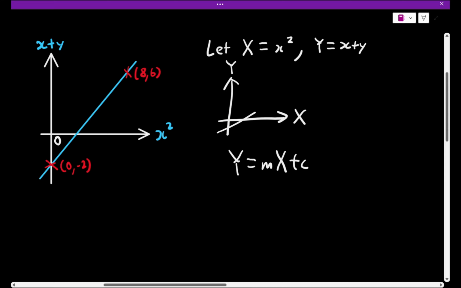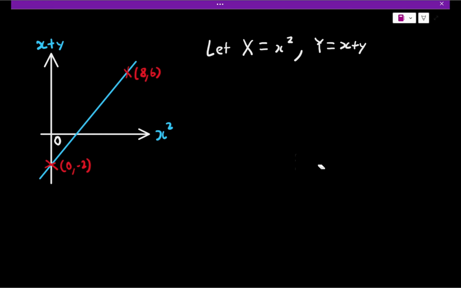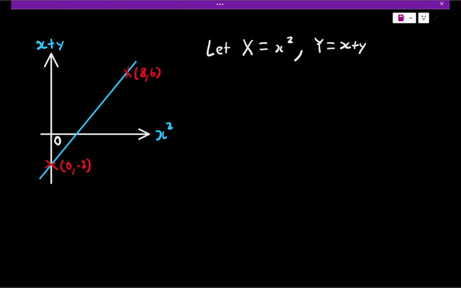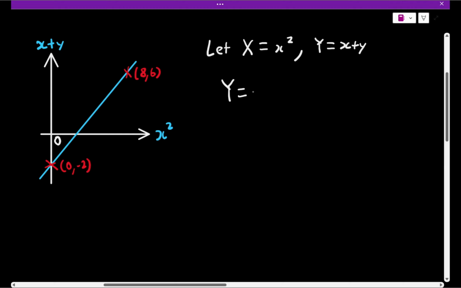Something like this. Alright, so next, in terms of capital X and capital Y, let's find the equation of this line. To do so, there are two ways. You can directly use capital Y equals m capital X plus c, find the value of m and then substitute to get c, or you can notice that the y-intercept is just -2.